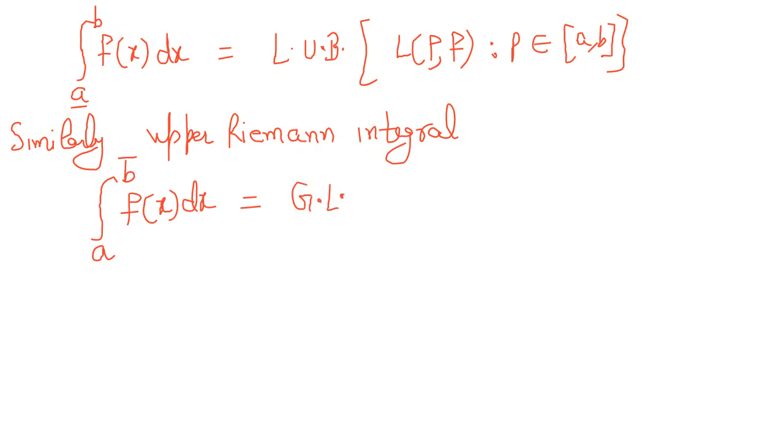So it will be written as GLB, the greatest lower bound of UPF, P belongs to A comma B. So we will find these two types of integrals, the lower Riemann integral and the upper Riemann integral.